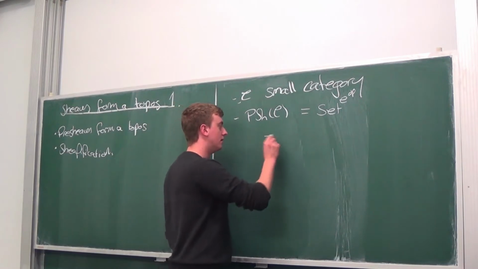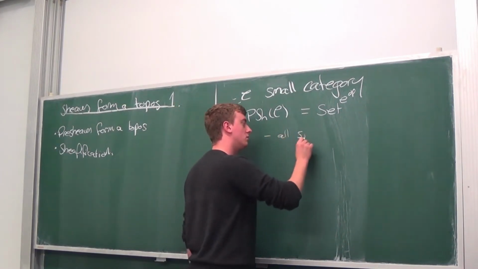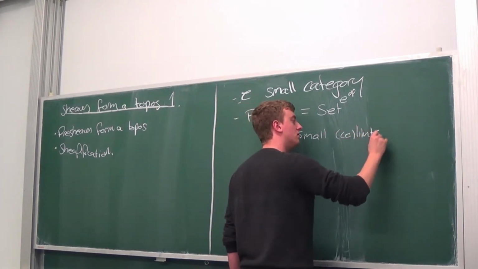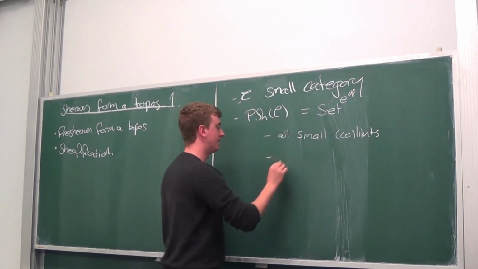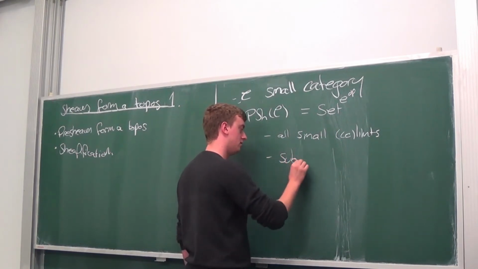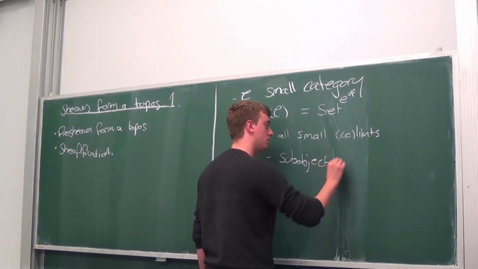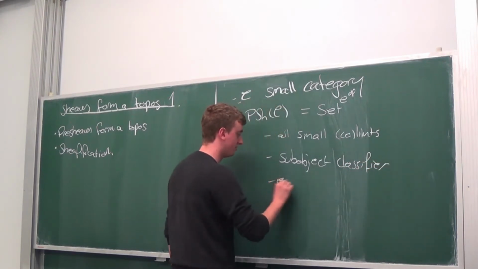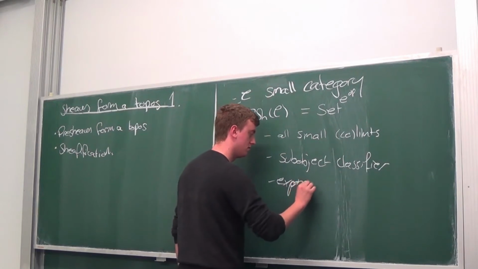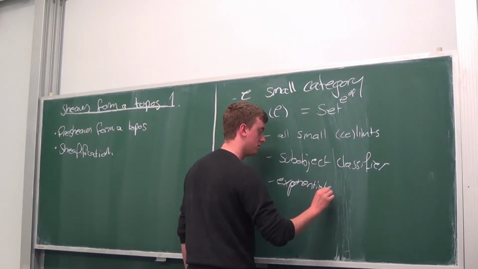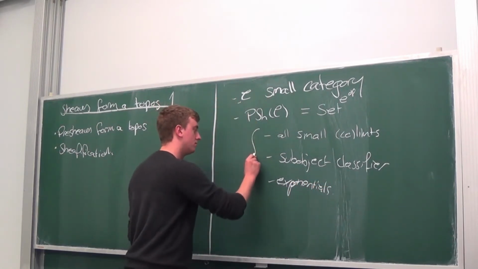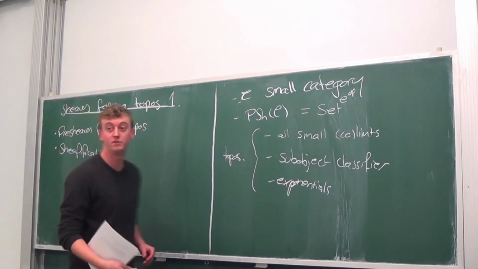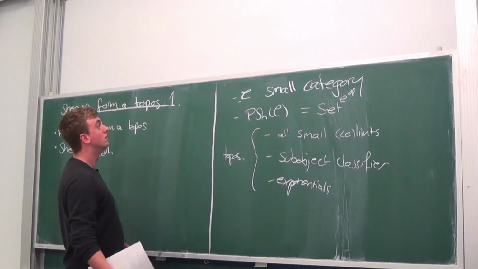We need all small colimits and limits. We need a subobject classifier. And we need exponentials. So this will be the focus of the first half of this talk.